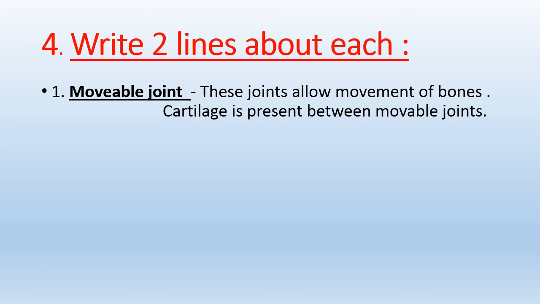Because of these joints, movement of bones is possible. And cartilage is present between movable joints. As we all know, what is cartilage? It is a strong, elastic, flexible tissue in the body. It is a flexible tissue, and because of it, it will allow movement of bones.